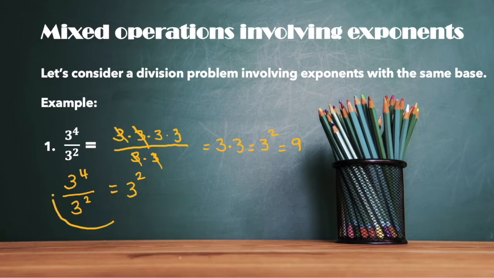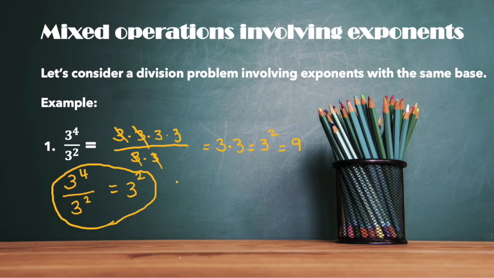So what did we really do here? We took away the repeated threes from the top and the bottom. So when we take away something, how do we express it?